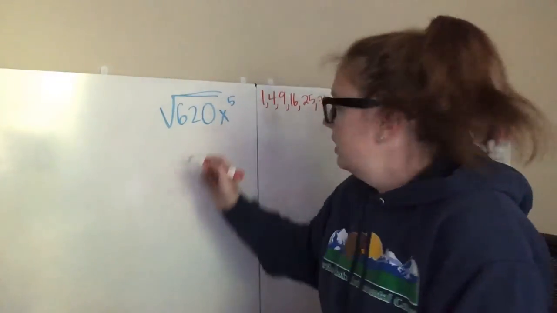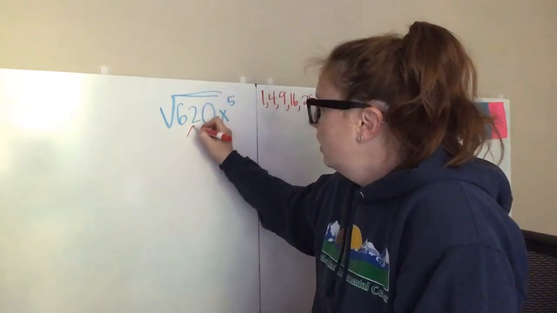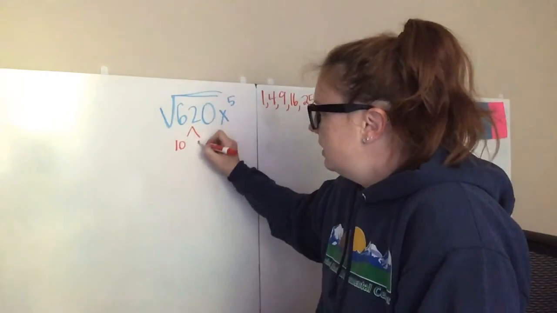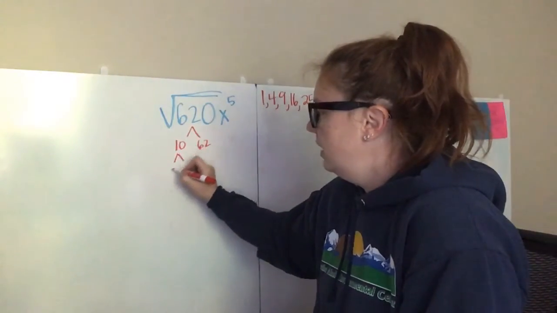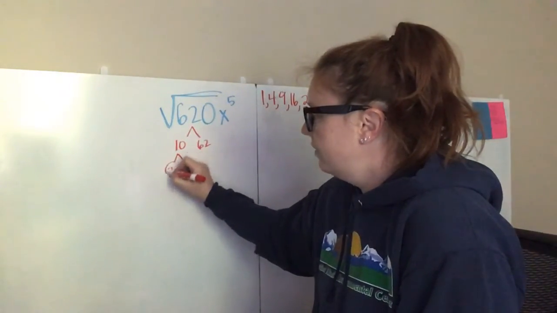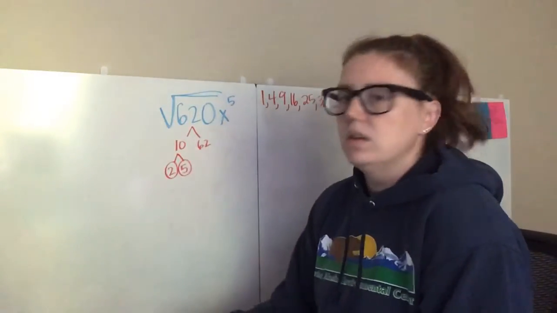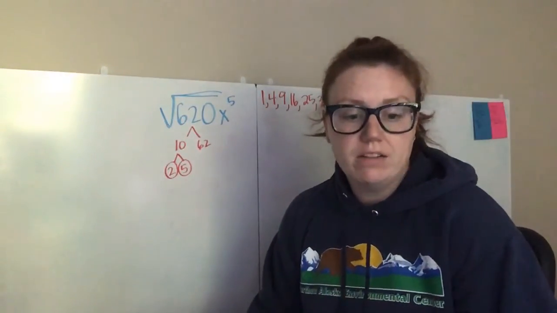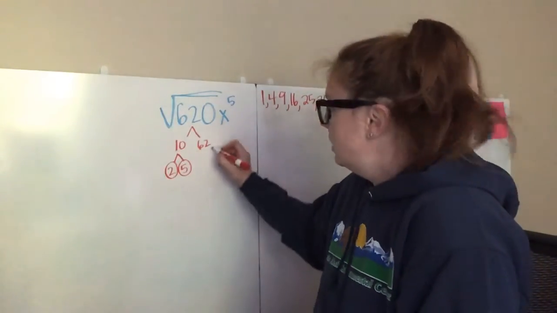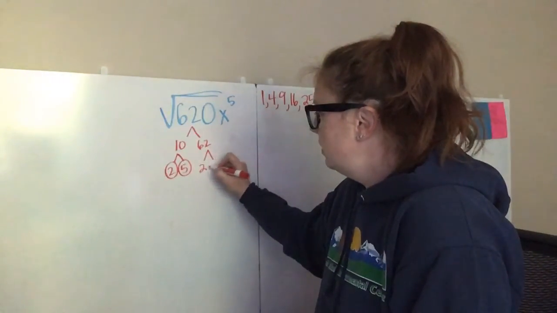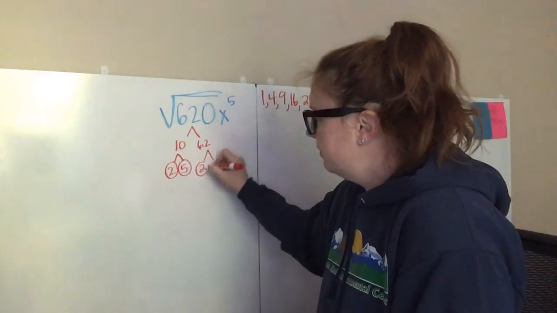And you wanted to factor this. I could do 10 times 62. And 10 is 2 times 5. And both of those are prime. So I'm factoring down to the prime values. And then I'd go to 62. And 62 is 2 times 31.